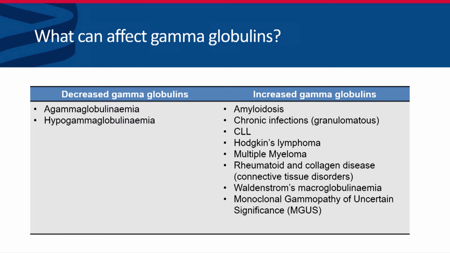The main one that we're worried about is multiple myeloma. So we're looking at rheumatoid, Waldenström's I'll talk about in a little bit. But for the most part, there was an article that said in the US, the average hematologist sees 2 new cases of multiple myeloma per year.